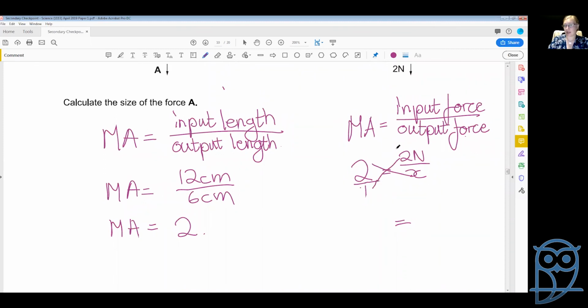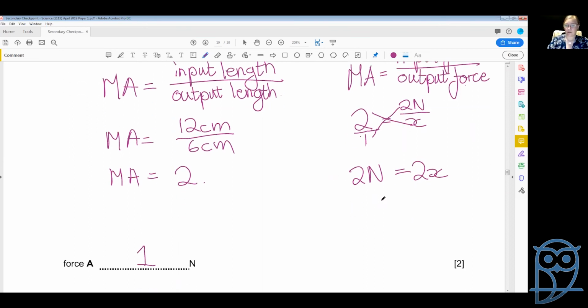That means I'm going to take my 2 newtons and times it by 1 and put it on one side of my equation. And then I'm going to take my 2 and times it by x on the other side. So 2 newtons is twice my force. I need to divide by 2 on this side, and I need to divide by 2 on this side. So that gives me x is 1 newton. So my force at A will be 1 newton.